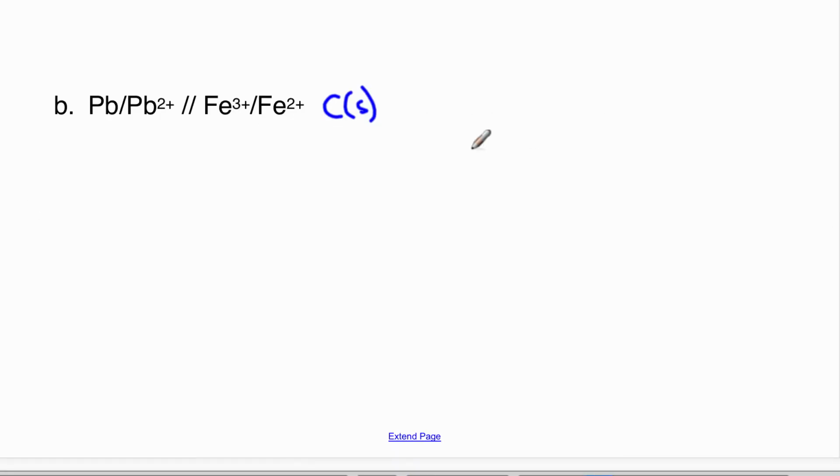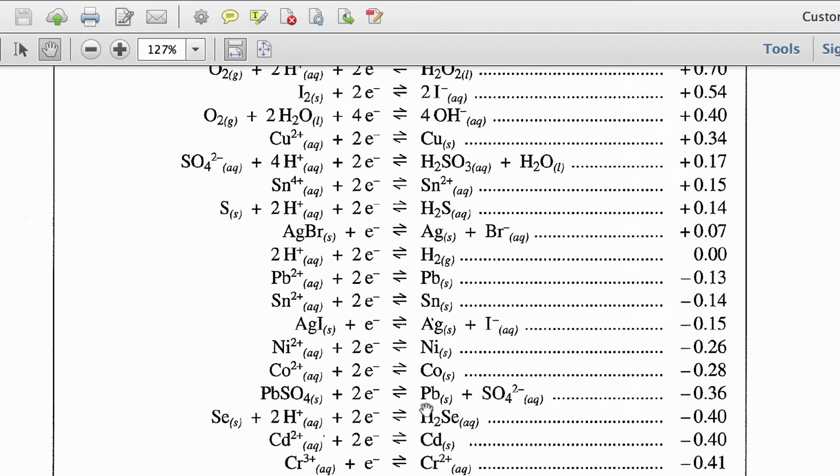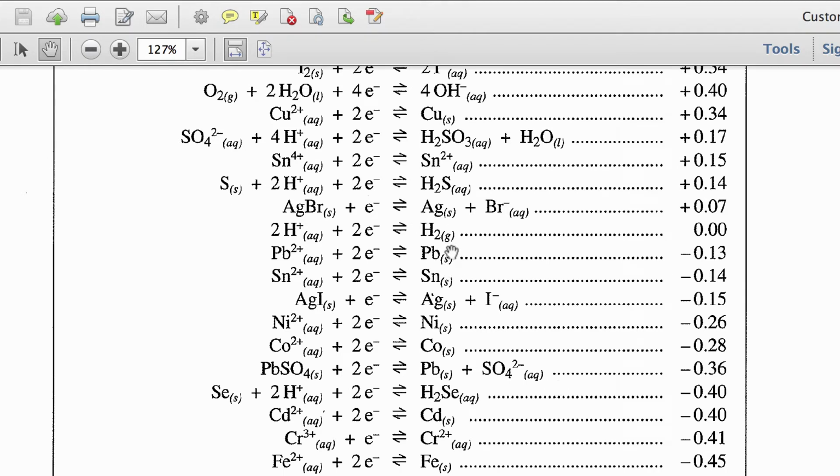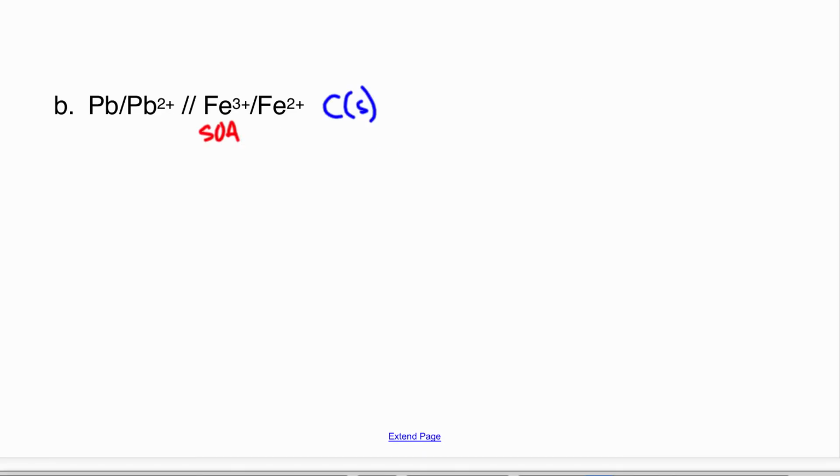So iron 3 plus is my SOA. Okay, and then lead is probably way down here. Here's lead sulfate. Oh, there's lead right there. So lead will be my SRA.